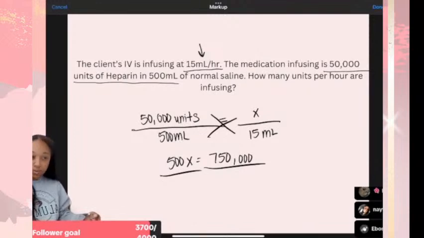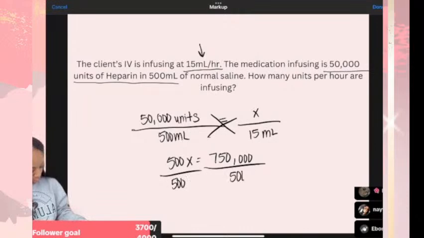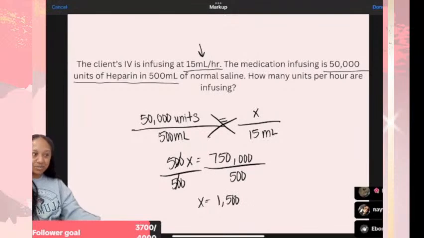What you do to one side, you do to the other, and we want to isolate X. So cross out your 500. So X is going to be 750,000 divided by 500, which is the same thing that we got doing dimensional analysis.